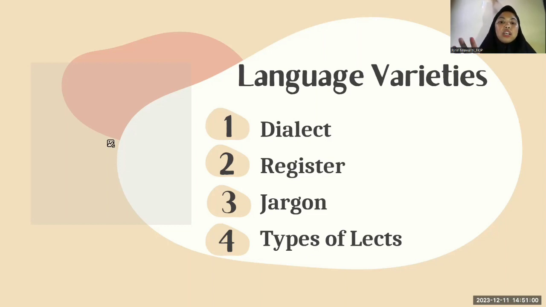The next is sociolect: varieties of language associated with social groups based on factors like socioeconomic status, education level, age, or occupation. And the third is ethnolect: language varieties associated with particular ethnic or cultural groups, featuring linguistic elements unique to the specific group.